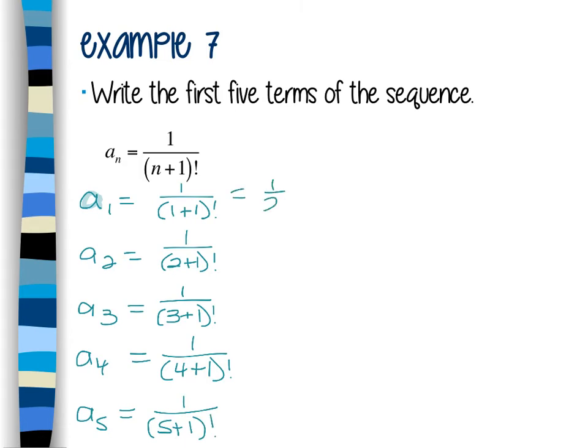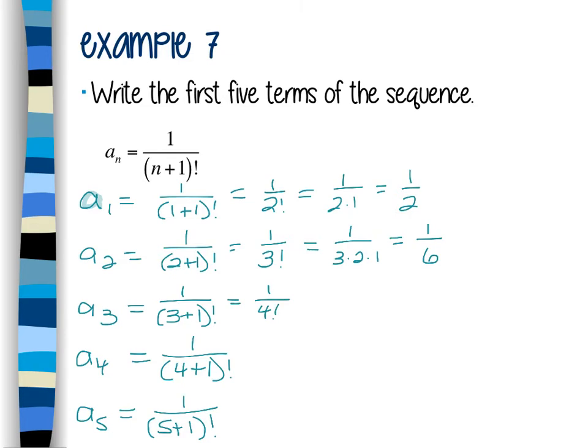So this becomes 1 over 2 factorial, which is 1 over 2 times 1, or 1/2. This is 1 over 3 factorial, 1 over 3 times 2 times 1. We already know 2 times 1 is 2 times 3, you only have to do that last step, 1/6. 1 over 4 factorial, which is 1 over 4 times 3 times 2 times 1. We already know 1 times 2 times 3 is 6, so I just have to multiply times the 4.